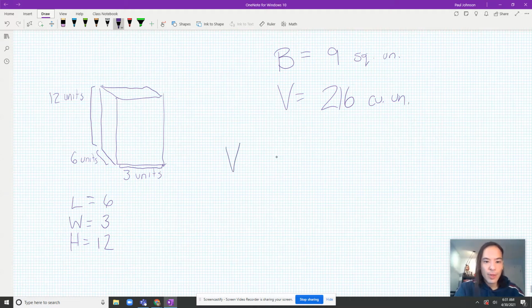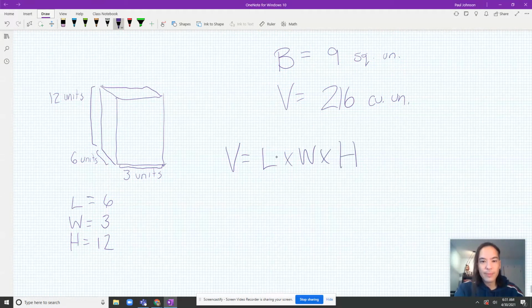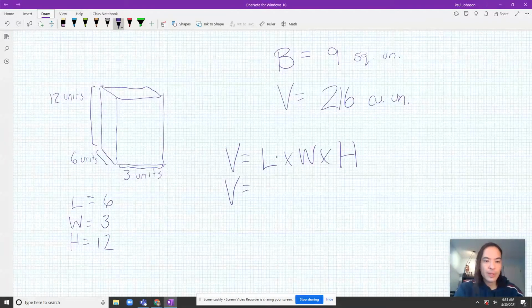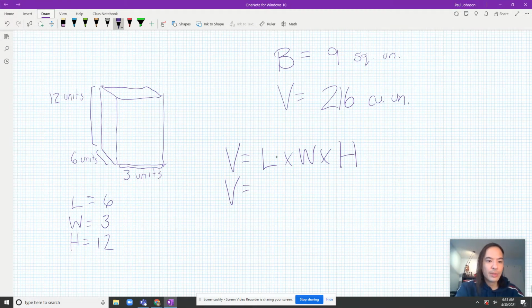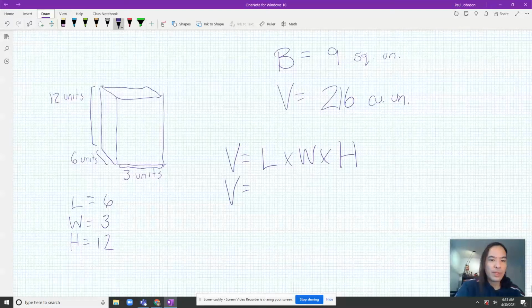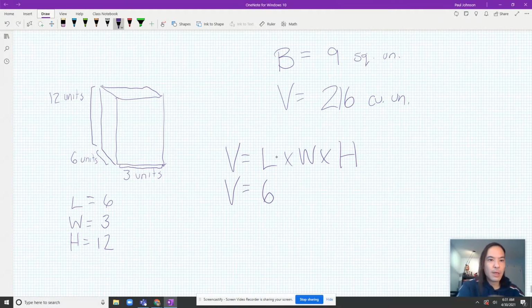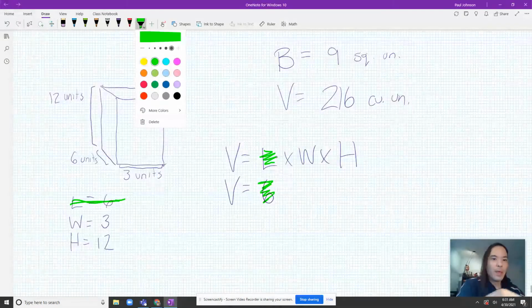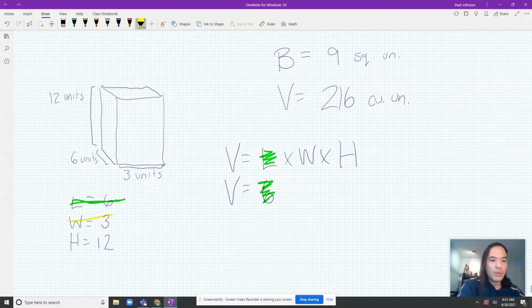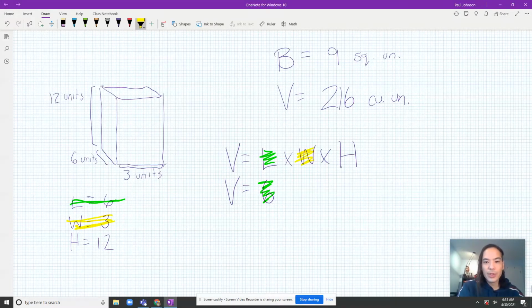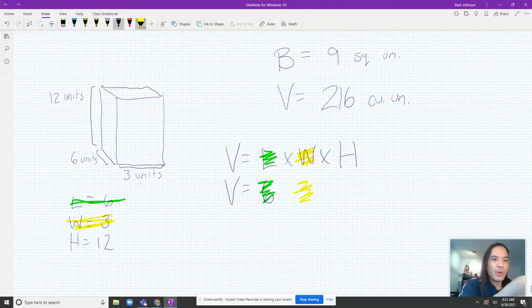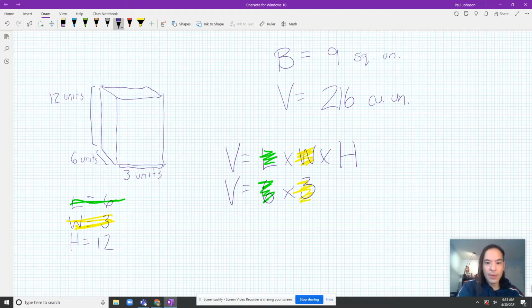If we use the formula volume equals length times width times height, first we're going to plug in the numbers. Length was 6. Then width was 3, so I'm going to replace the width part with 3.